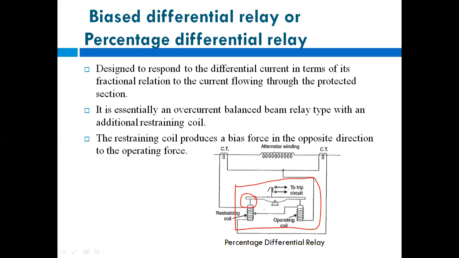When we are considering the normal operating condition, this is a balanced beam. The current flows through the restraining coil and the operating coil, and these contacts are open.